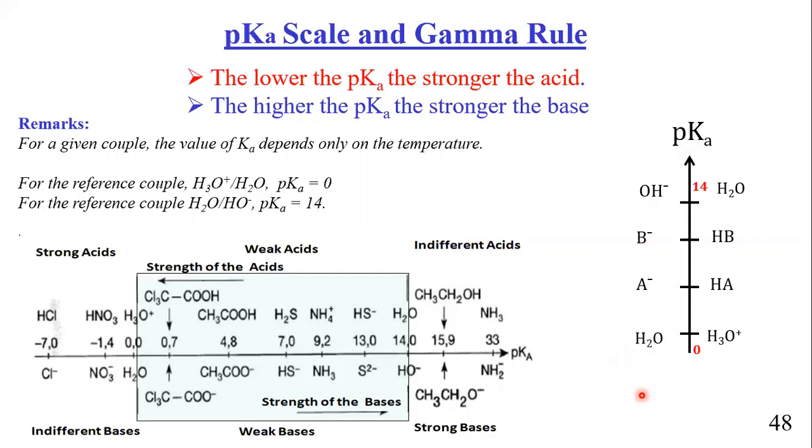The lower the pKa, the stronger the acid. The higher the pKa, the stronger the base. Nonetheless, if you do put it, it can simplify some things. So here, acid strength is increasing as the pKa decreases, and base strength is increasing as the pKa increases.